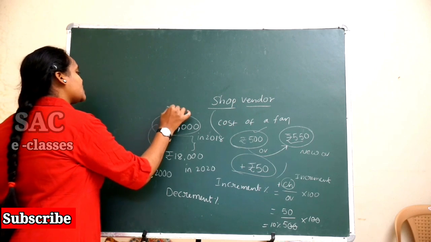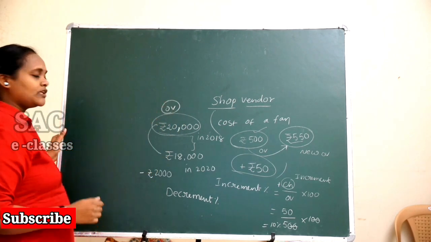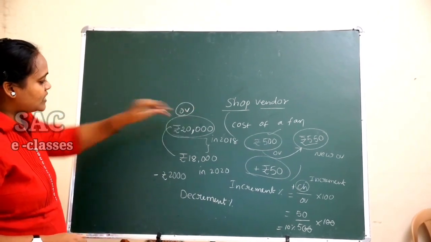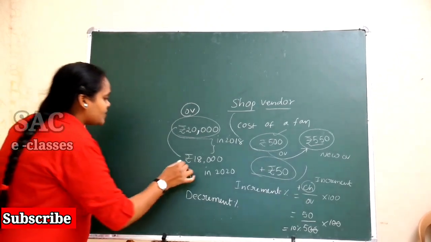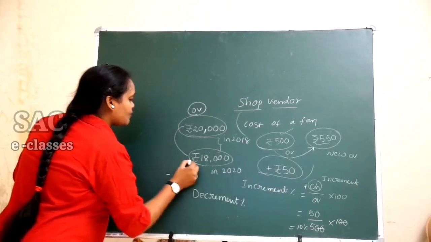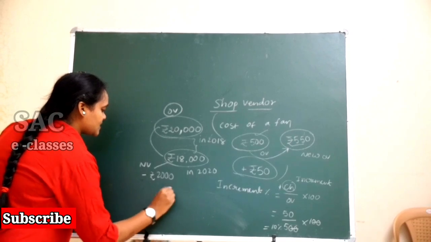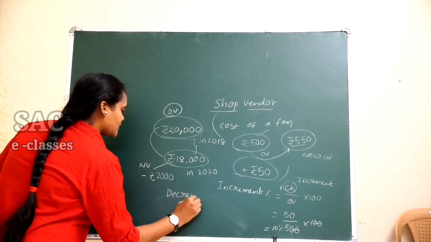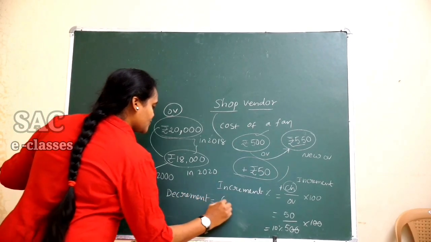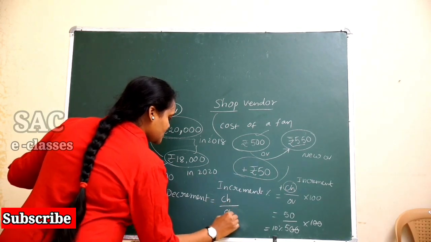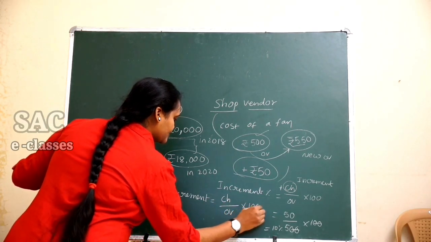The original value is the cost of the scooter in the year 2018, and the new value is the cost in the year 2020. So decrement percentage can be found like increment, you have to write change by original into 100.